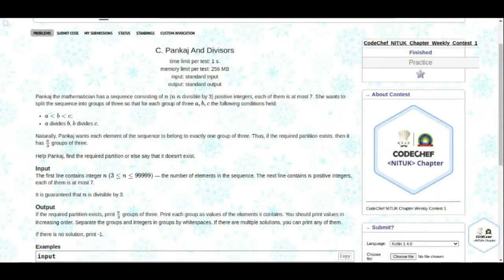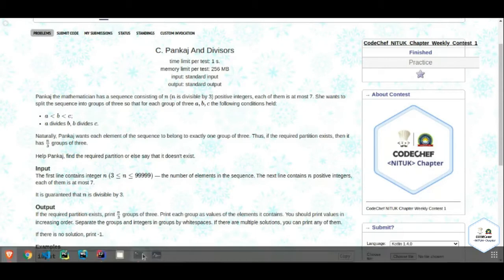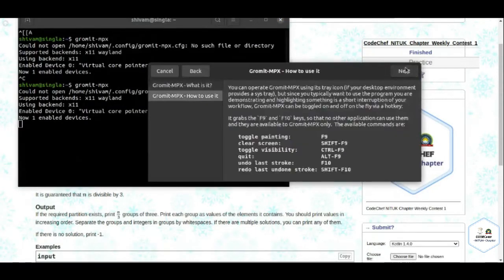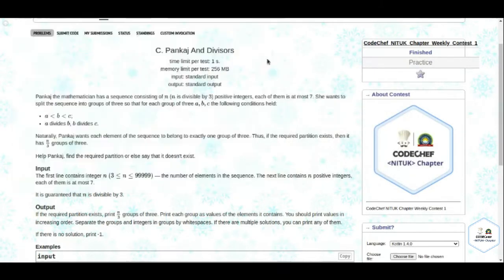So every number is greater than or equal to 1, and each of them is at most 7. So we are given 1, 2, 3, 4, 5, 6, 7.